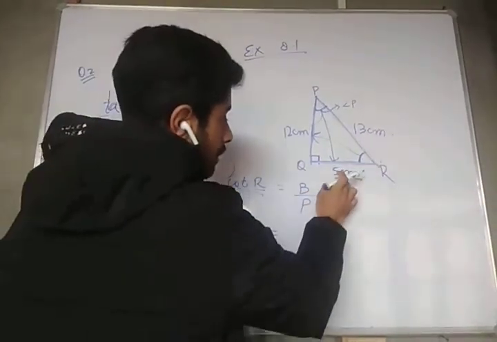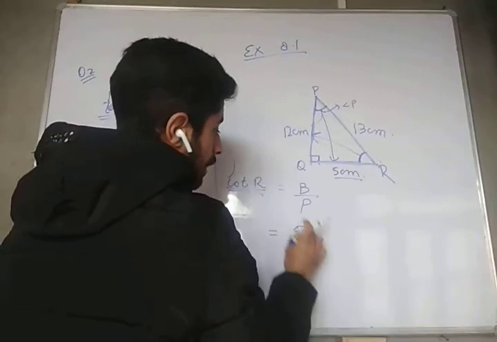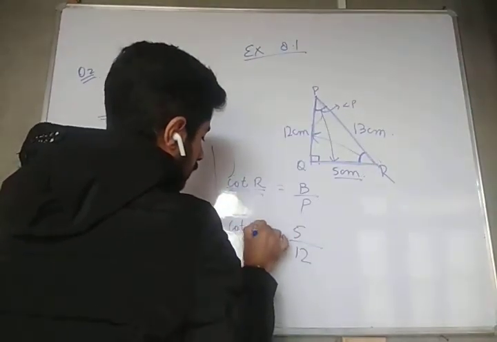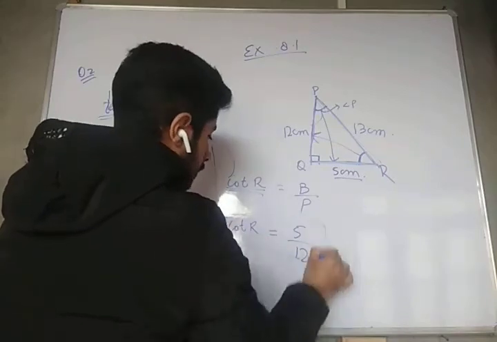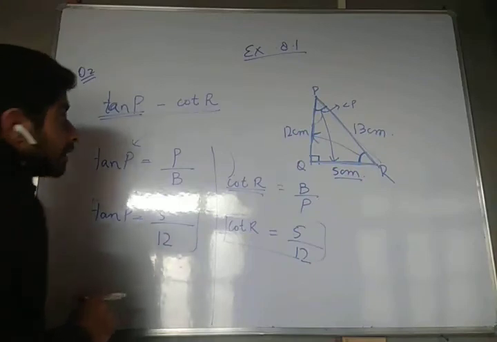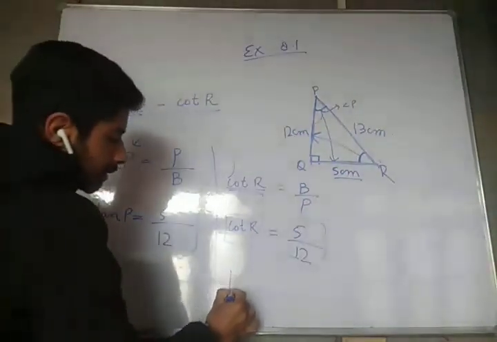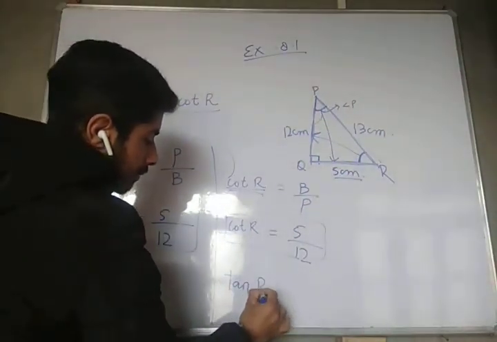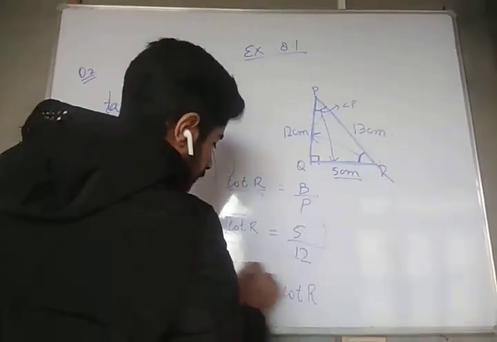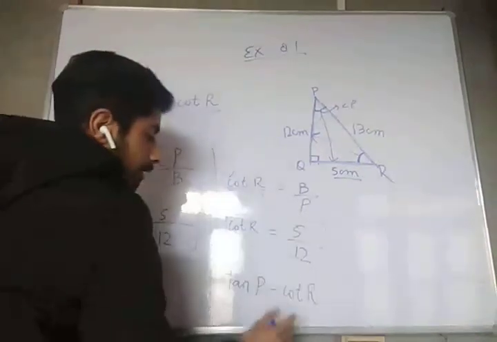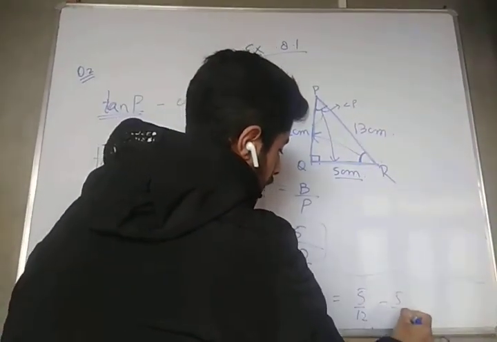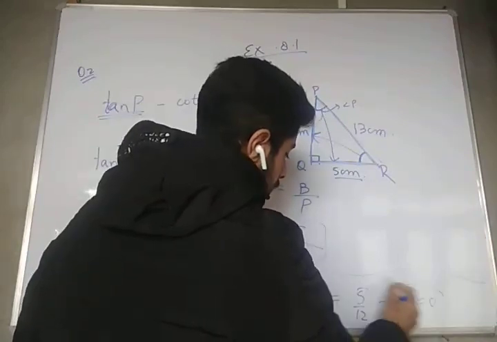Base is 5 and perpendicular is 12. So cot of R is equal to 5 by 12, and tan of P is also equal to 5 by 12. Now we have to calculate tan of P minus cot of R, which is 5 over 12 minus 5 over 12. So this is equal to 0.